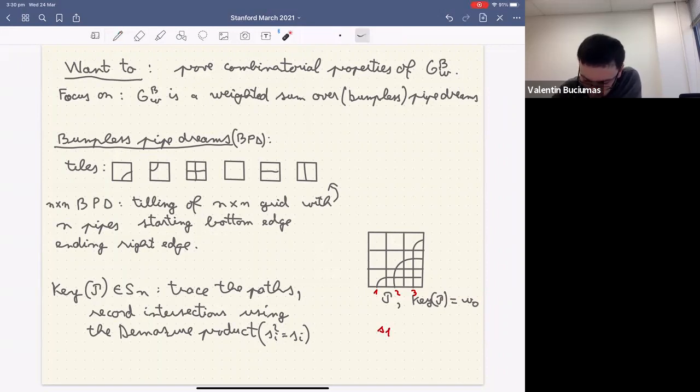Then path 2 intersects path 3. So we're going to get an s_2. And then path 3 intersects path 1. So we're going to get an s_1 again. So this is just w0. This is a somewhat trivial example. We'll do an example immediately. So these are bumpless pipe dreams, and these are keys.